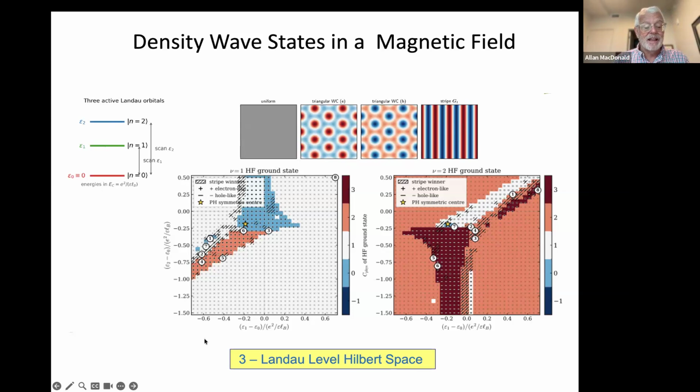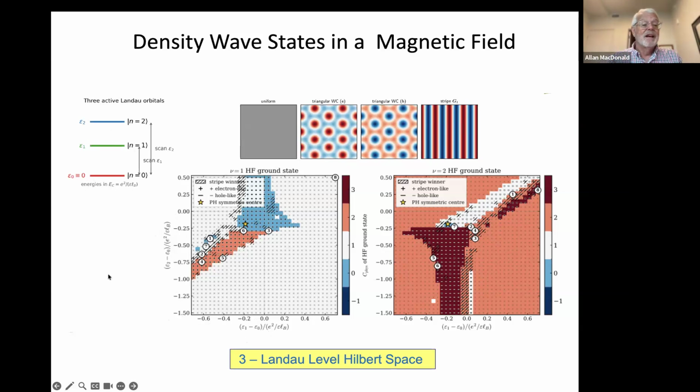So here we're just looking at the phase diagram. These are self-consistent Hartree-Fock mean field calculations. And the x-axis here is the energy difference between the first Landau level and the zeroth Landau level. As I said, most of the interesting experimental region is on the left-hand side of this phase diagram. And for the energy difference between 2 and 0, again, most of the experimentally relevant region is below 0 here.